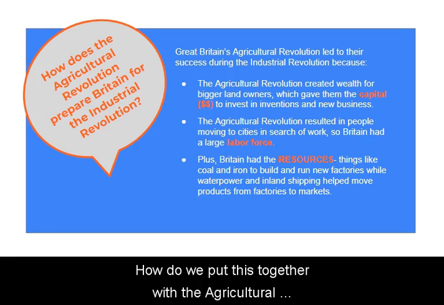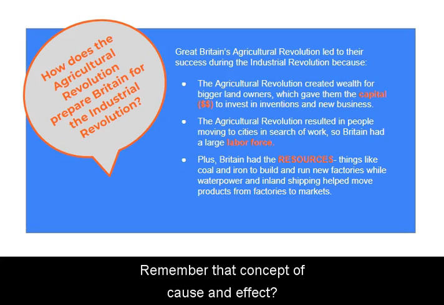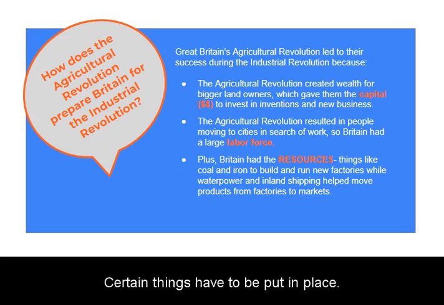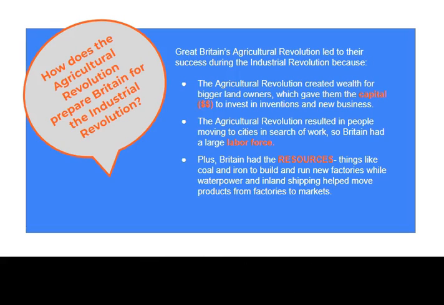So how do we put this together with the Agricultural Revolution and the Industrial Revolution? Remember that concept of cause and effect. Certain things have to be put in place, which are the cause, to lead to an effect. So how does the agricultural revolution prepare Britain for the Industrial Revolution?